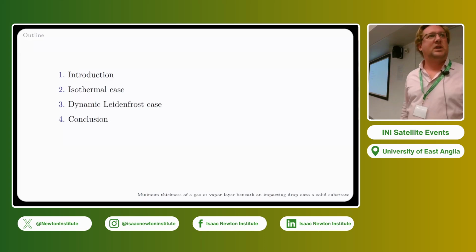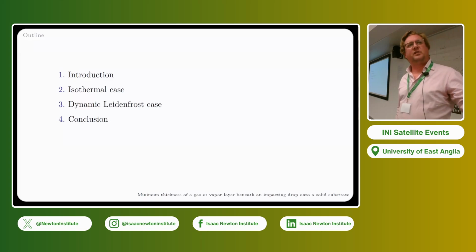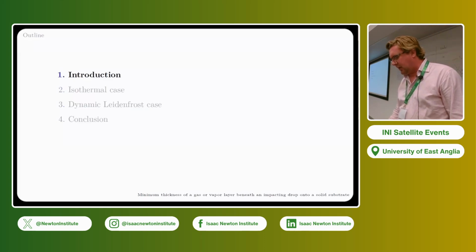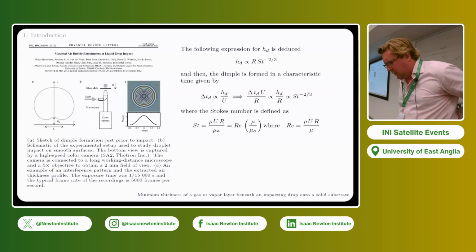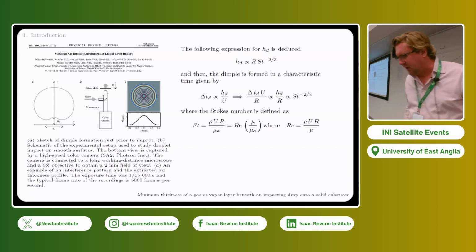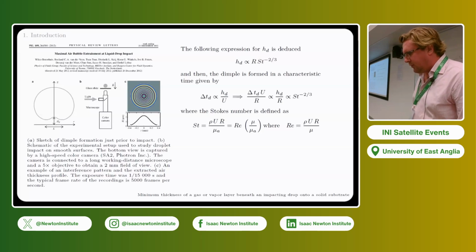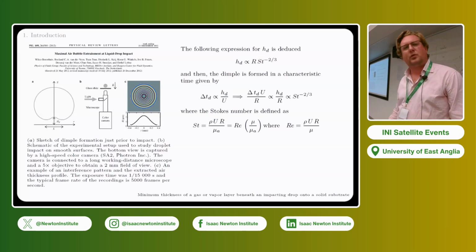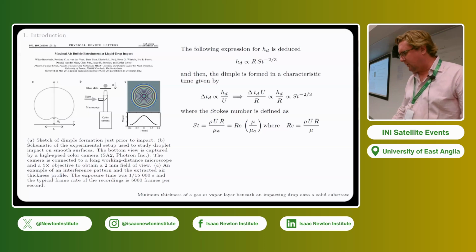You cannot have a minimum thickness with a certain scaling in the isothermal case and another scaling in the dynamic Leidenfrost case. So I recall the expression obtained by Mandre and Brenner and the group of Thoroddsen, with which they obtain the scaling of the dimple, the height, the thickness of the air layer beneath this drop.